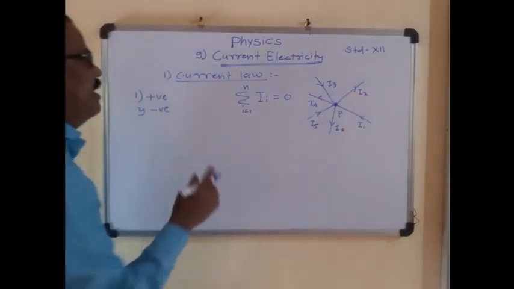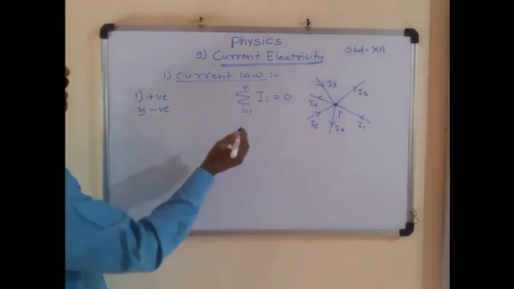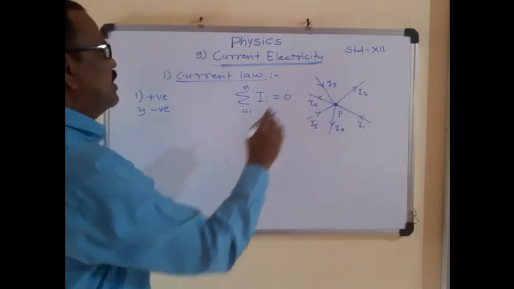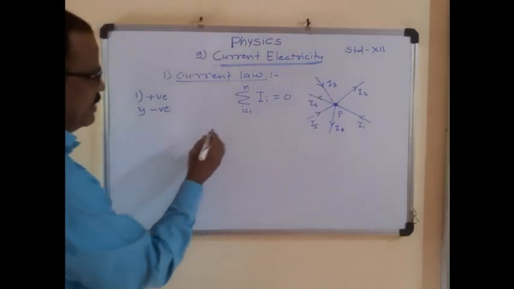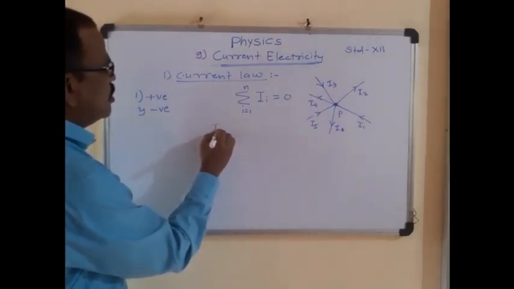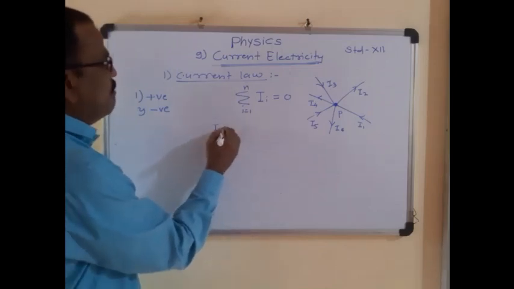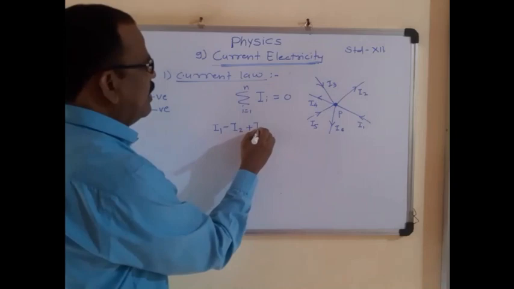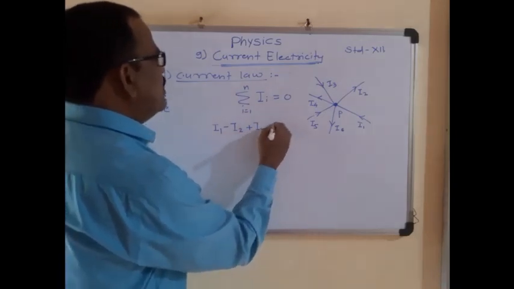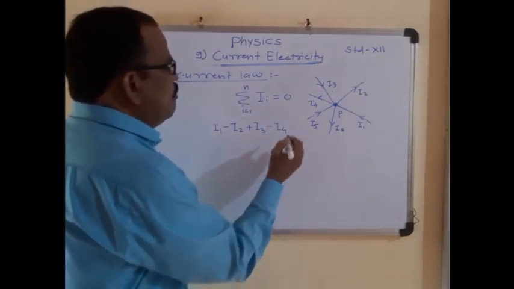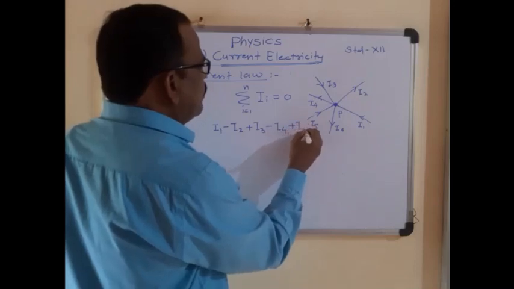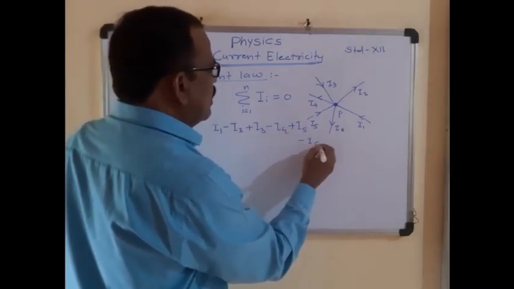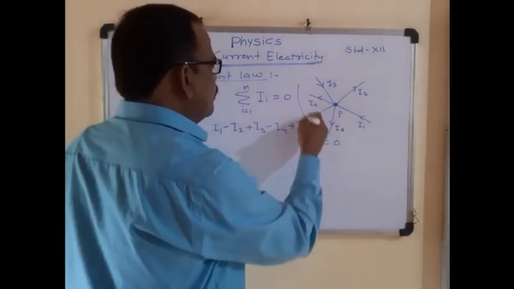Therefore, we can write the current reaching and leaving the junction as: I1 is taken as positive, I2 leaving the junction is negative, plus I3 minus I4 plus I5 minus I6 is equal to 0.